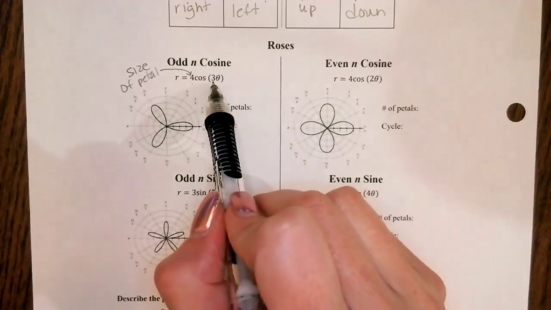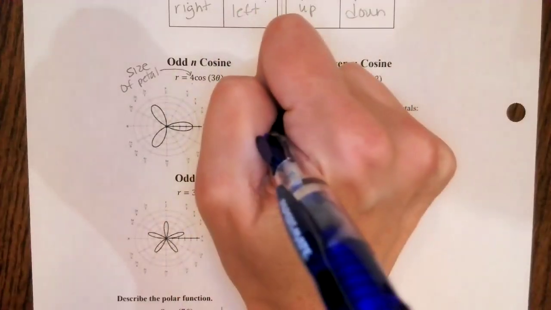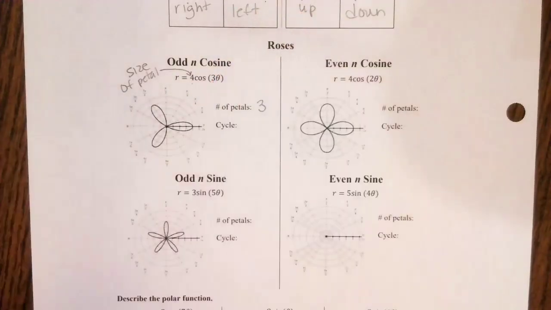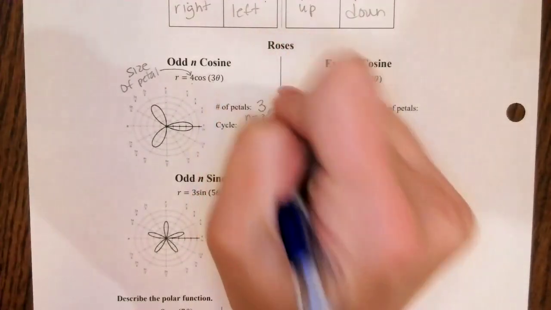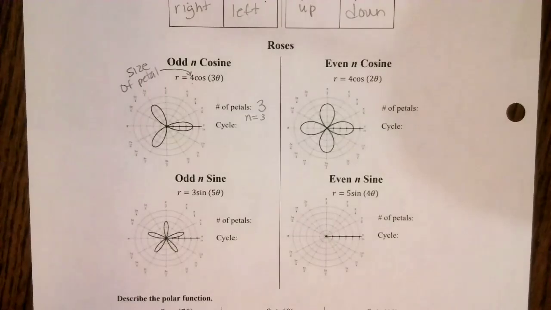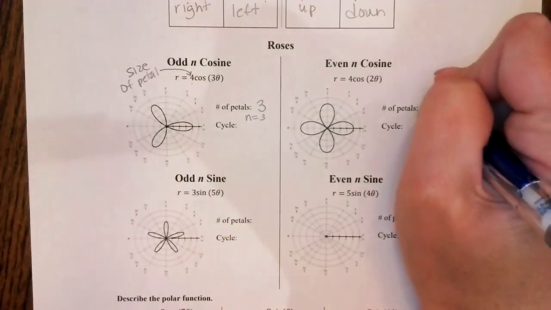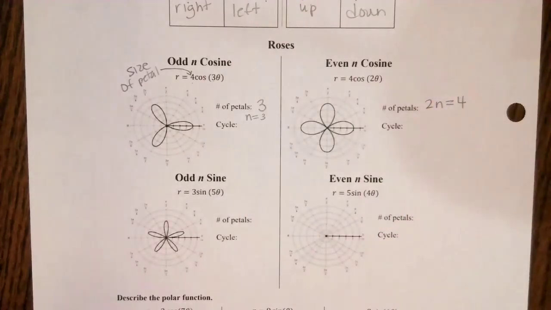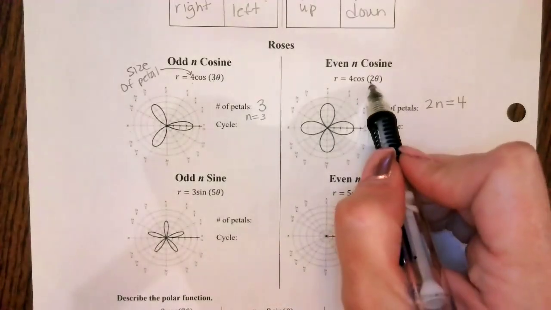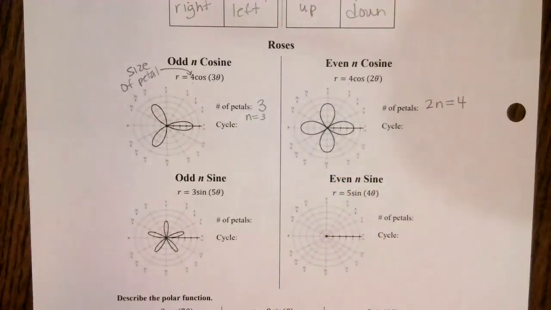When our n value right here is odd, then that is the number of petals. So this would be 3 petals. When it is even, we are going to double the number of petals. And so this one's going to have 4 petals because that part is even. This is still 4, so we're going to have a petal that's 4 units long.